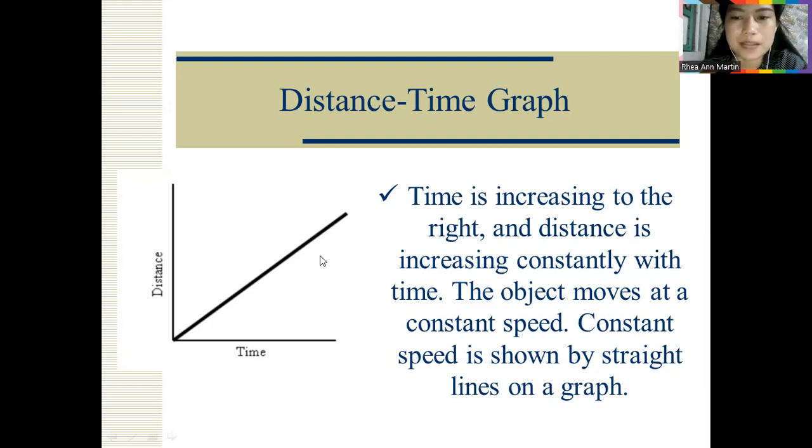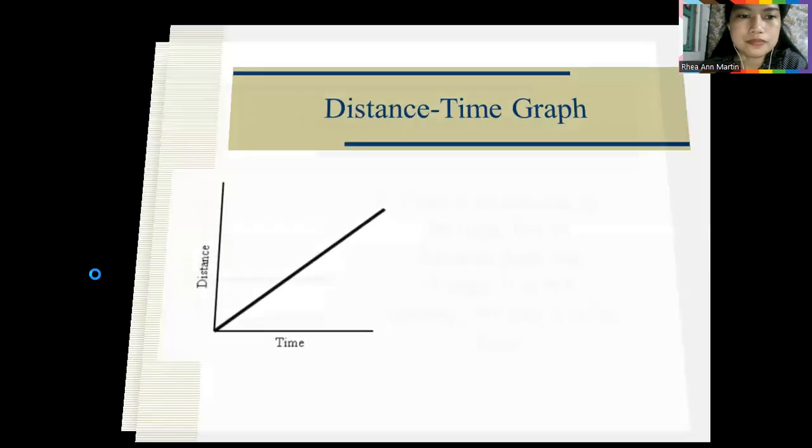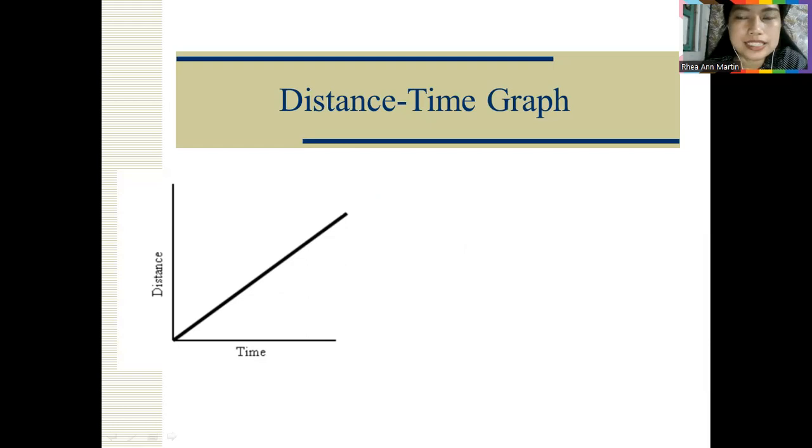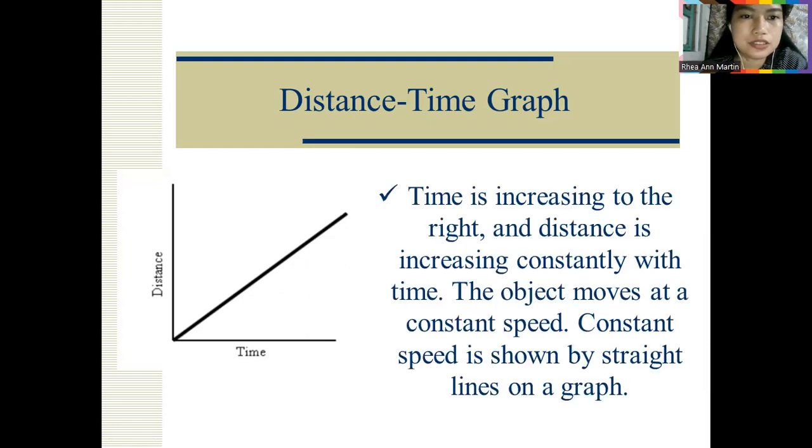That is what I said earlier. Constant speed is shown by straight lines on a graph. Earlier, it was constant, constant at rest, not changing. While in the next distance-time graph, time is increasing to the right and the distance is increasing constantly with time.